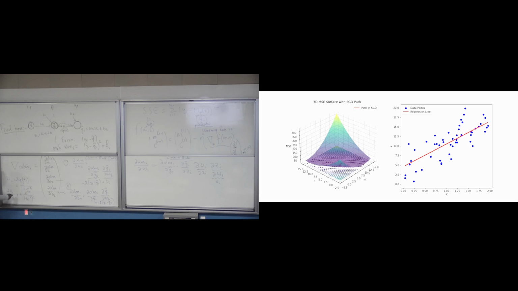Can I write this expression in terms of hi itself? How can I write that? Well, let's compute 1 minus hi. Let's see what that is. So 1 minus 1 over 1 plus e to the negative zi is e to the negative zi over 1 plus e to the negative zi. Okay?